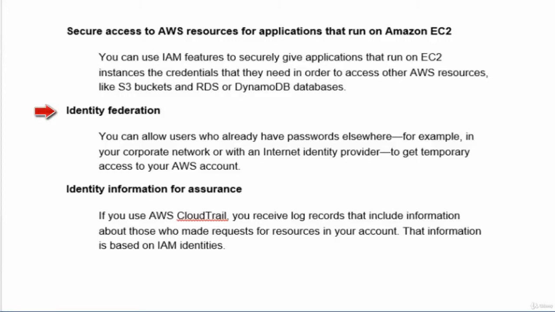Now the next feature is identity federation. Instead of creating users, groups, and roles in AWS itself, we can use some external identity sources for AWS access. The external identity source can be Active Directory, Facebook, or any other identity source.